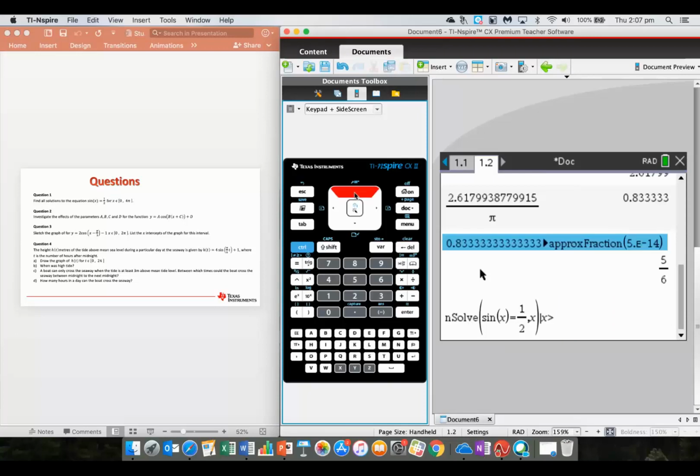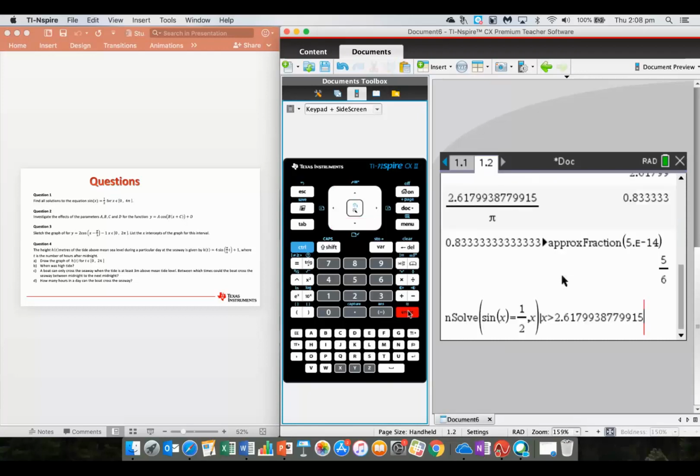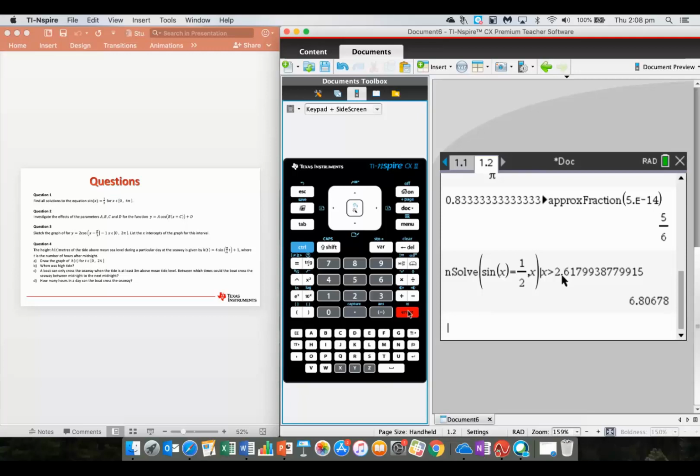So I go up and find something bigger than 2.62, so x bigger than 2.62, and enter, and so on. I don't think I'll continue with those because I'd rather move on to the next question, but I would need to do this 4 times to make sure that I've found all of the possible solutions to that equation.